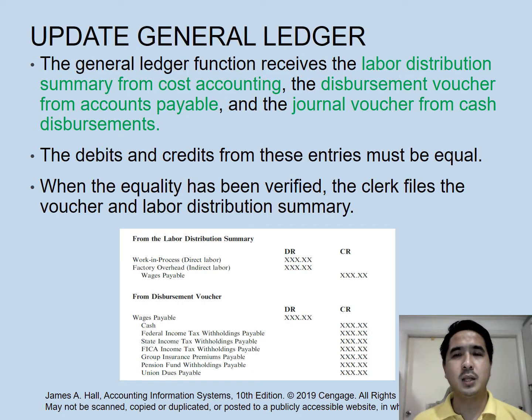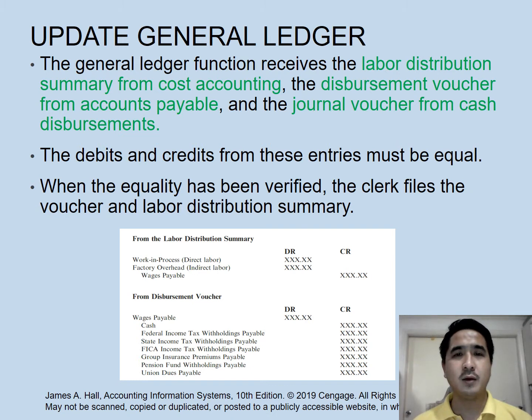For this slide, we now go to the updating of the GL. When we speak of updating the GL, we're concerned about the entries. But first, we look at the documents and departments that are of concern for the GL function, because these departments will give the specific documents which will be the basis of the entries.